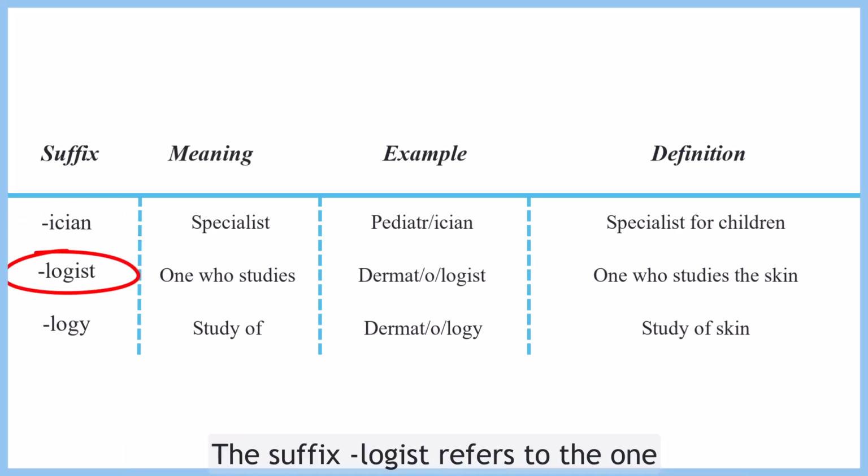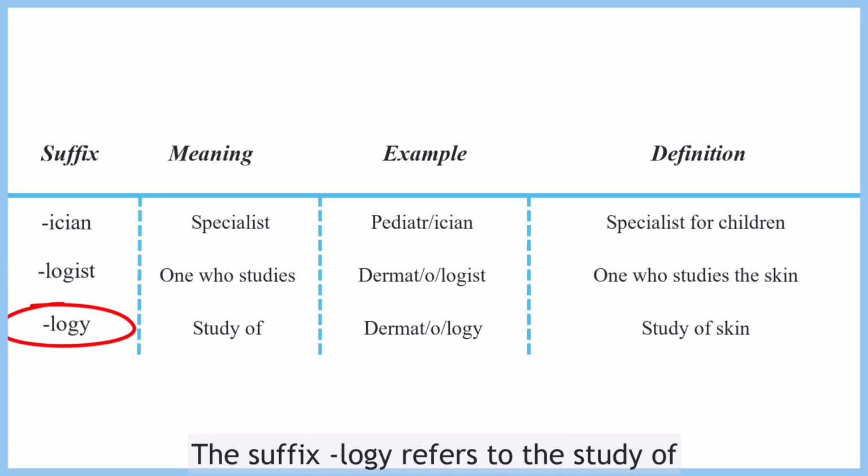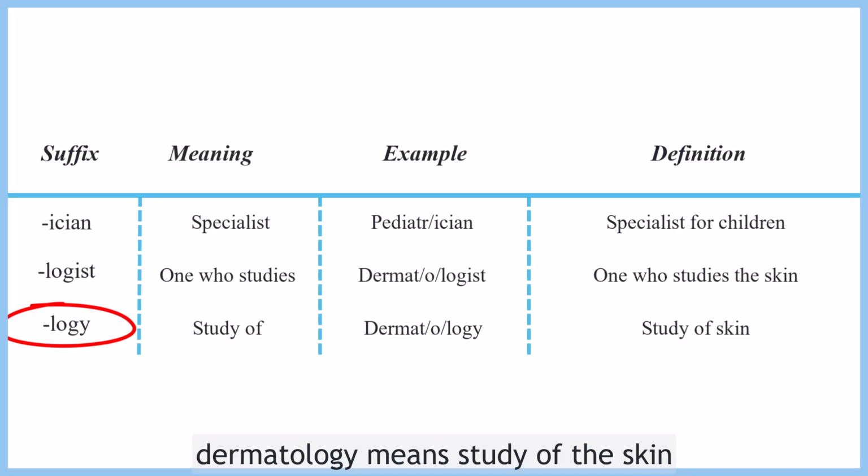The suffix logist refers to the one who studies something. For example, dermatologist is the one who studies the skin. The suffix logy refers to the study of. Dermatology means study of the skin.